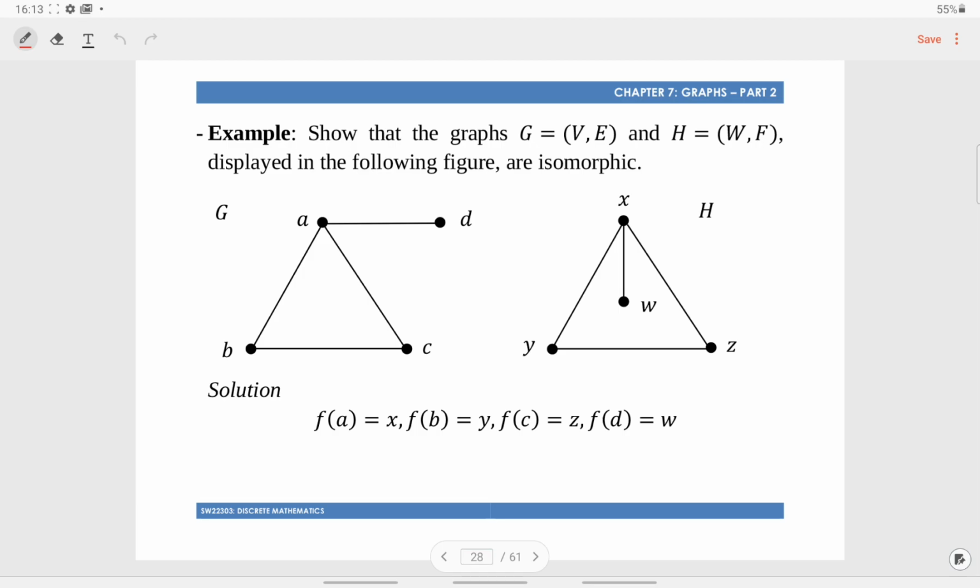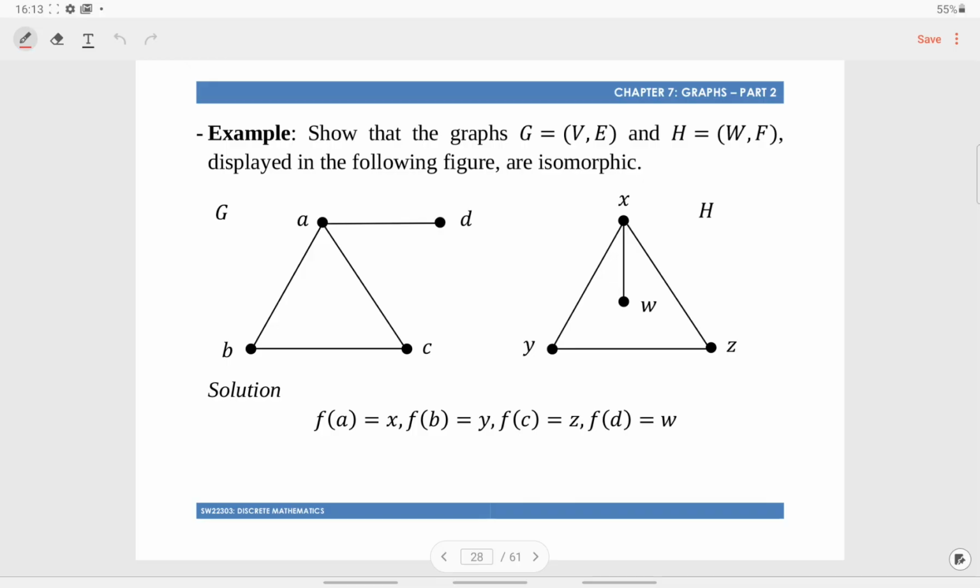Okay, I give you an example. Show that the graph G and the graph H displayed in the following figure are isomorphic. So your task is to give the evidence of how we can say that these two graphs are isomorphic.